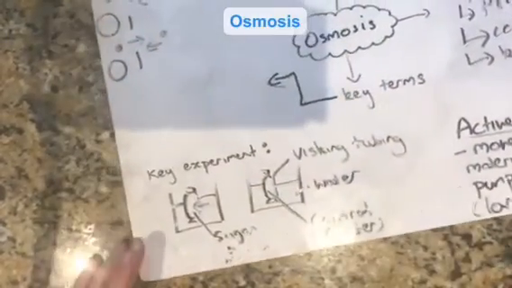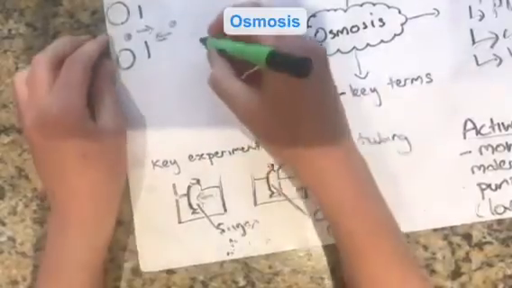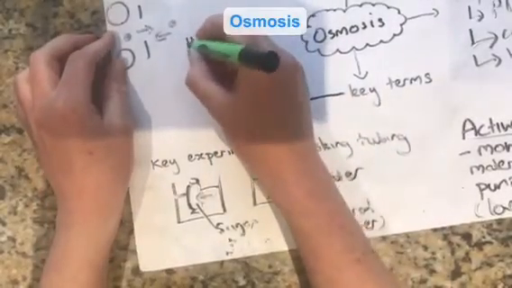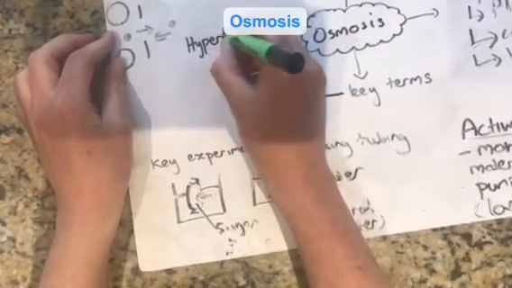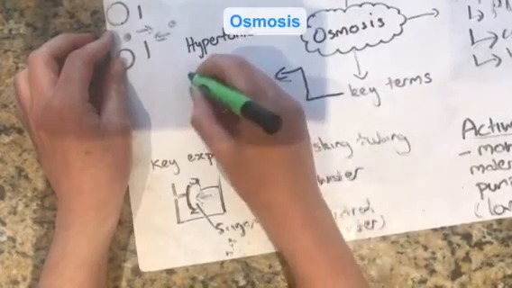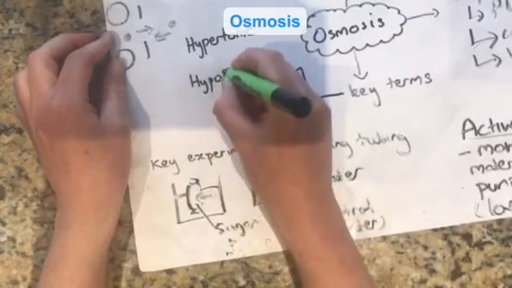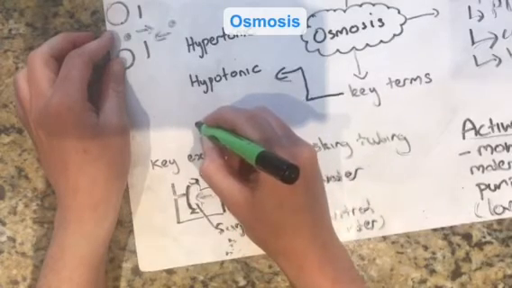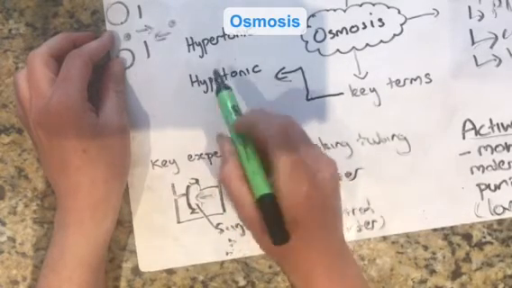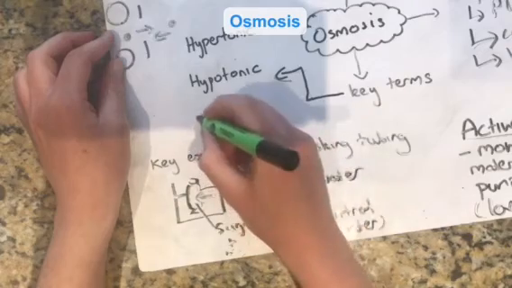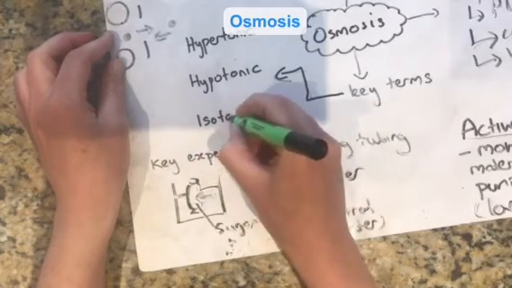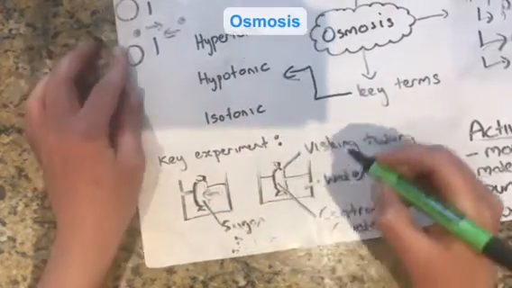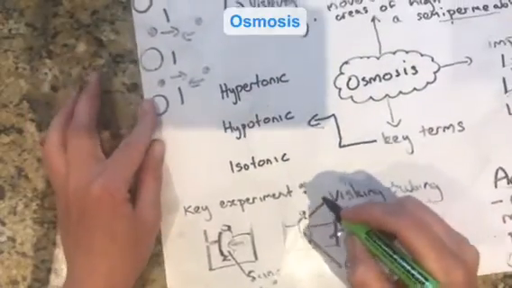So what you need to know are the terms hypertonic, hypotonic, and isotonic. There's one or two more as well. So let's write down the definitions for these.